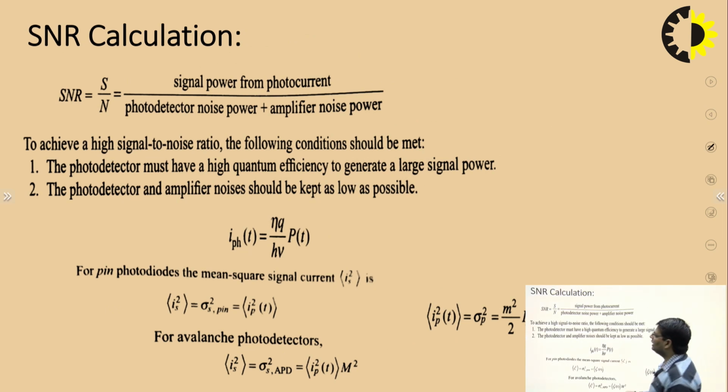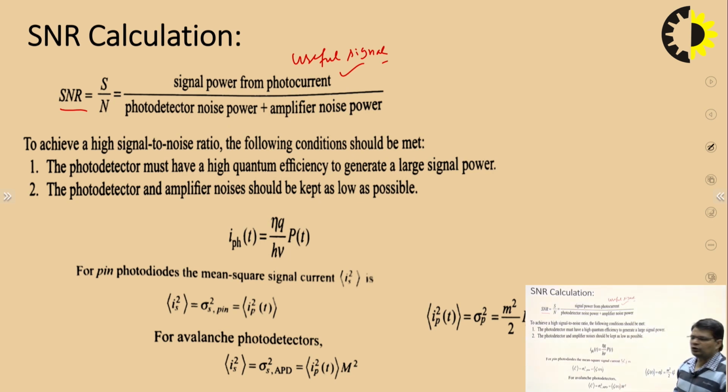So, now the SNR calculation. We know the signal to noise ratio needs the signal power corresponding to the useful signal. The useful signal in the case of a photodiode, which we get at the output, is the photocurrent IP. So, the signal power corresponds to the photocurrent. Then we have to calculate the noise power. In the case of the receiver, we know that the receiver has two parts: one is the photodiode, another is the amplifier, that we have seen in the previous circuit.